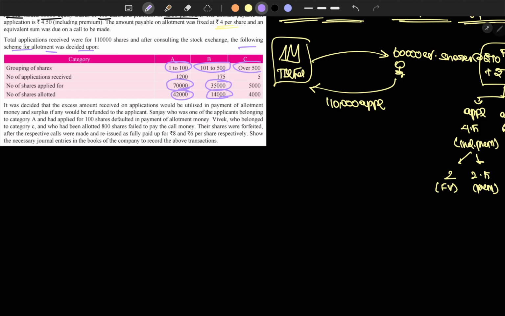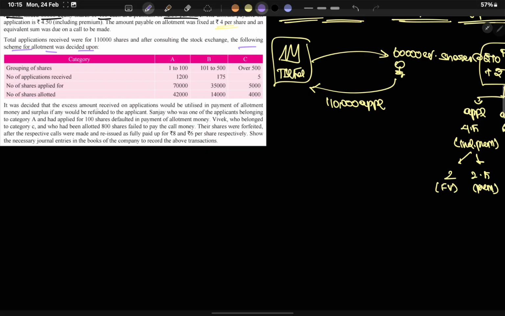Over 500 shares, applied by 5 people for 5,000 shares, we have allotted only 4,000 shares. So this is the meaning of this table, and let's go further.